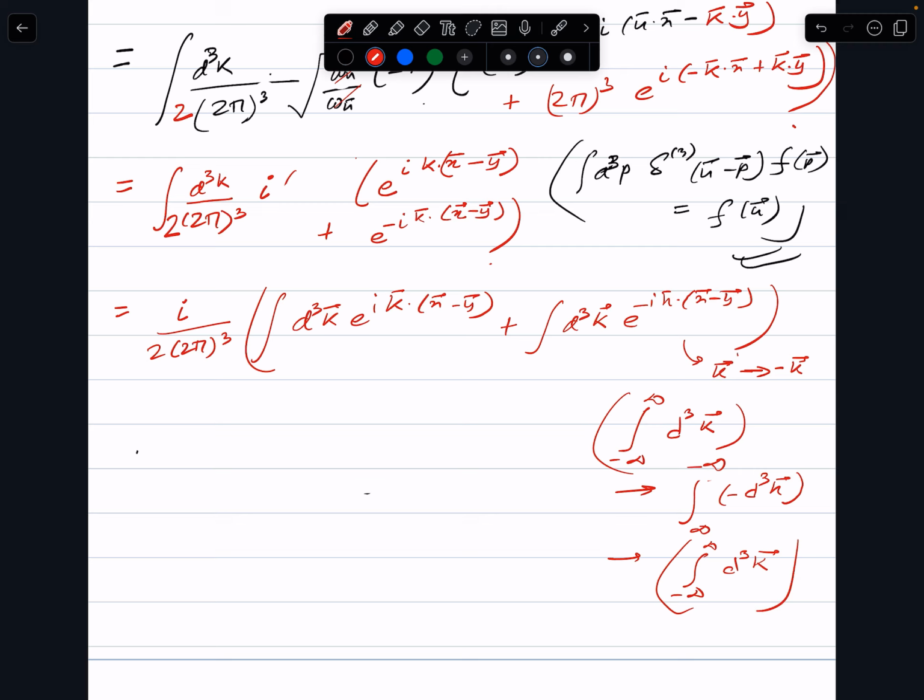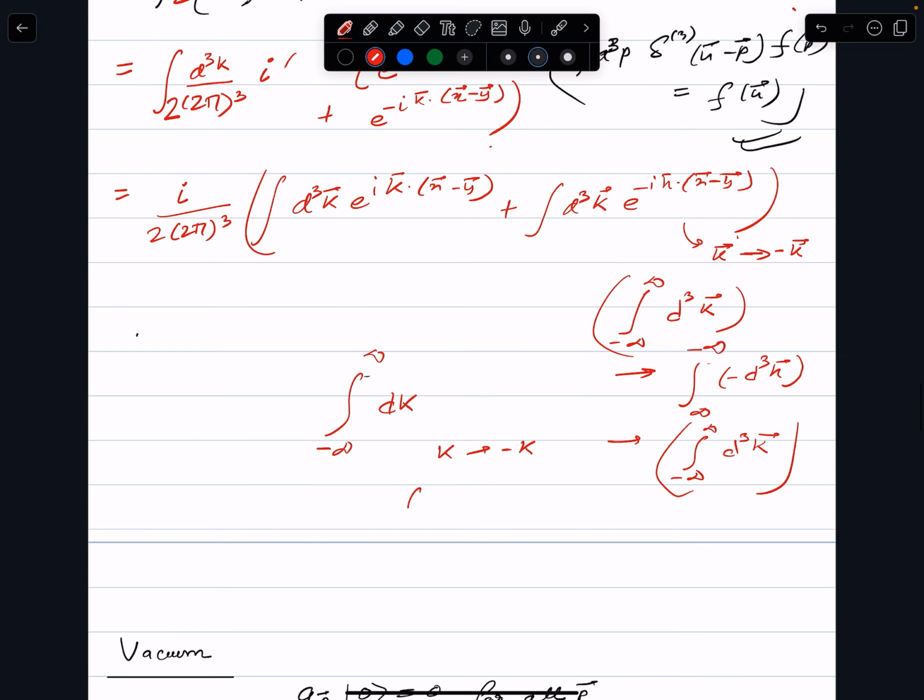The second step, how would that be? Let me do it for one integral, and then it will be clear. Let's say this is minus. Now we take k goes to minus k. This was k equal to minus infinity to k equal to infinity. When k is minus infinity, minus k is infinity, and when k is infinity, minus k is minus infinity.